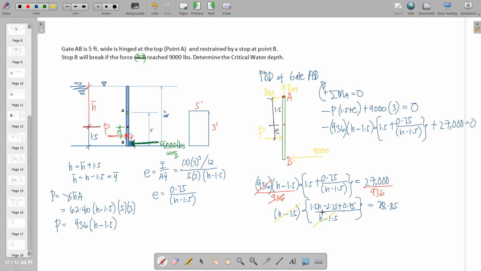So if you notice, we have only H unknown here. By manipulation, we can now get H equal to 20.23 feet. So therefore, this will be the critical height, exactly 20.23. This is where the gate will begin to break. Okay, so that's it for this problem.